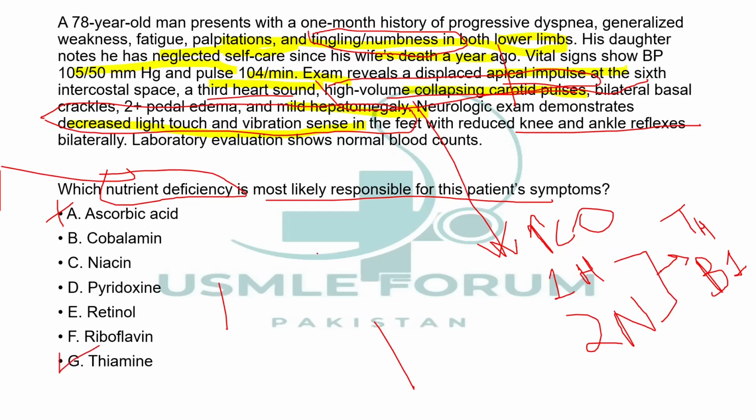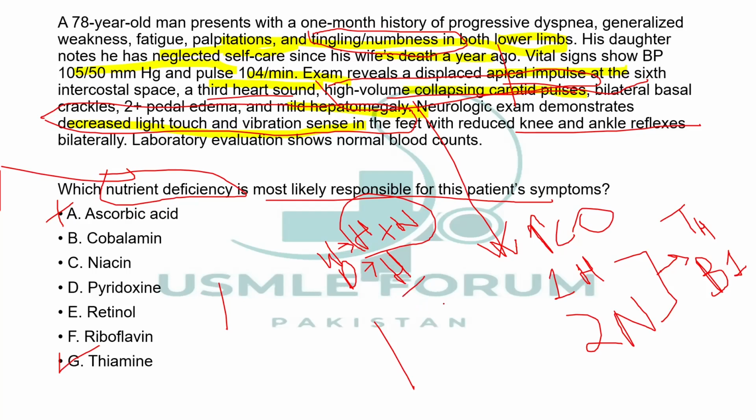It could present as wet beriberi or dry beriberi. Wet beriberi will result in heart plus neurological problems, and dry beriberi will only present with neurological problems. That's the only difference you need to remember: the wet one will have both, the dry one will only have one.